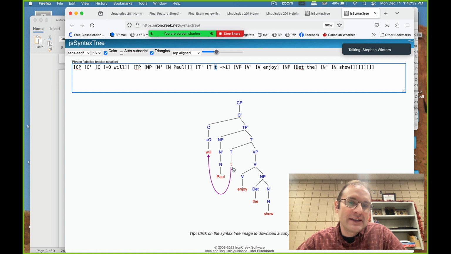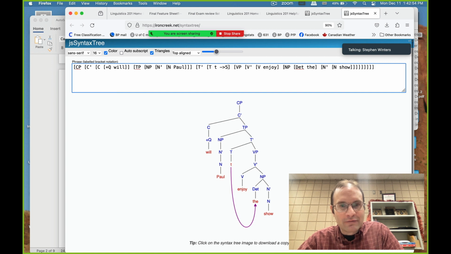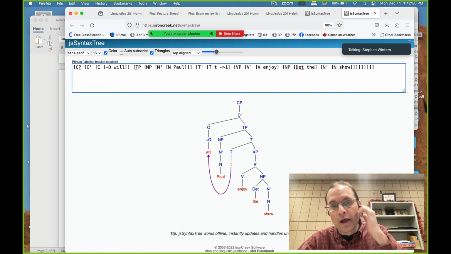First of all, a little t, a trace, gets left behind where will started out from, and then with that little arrow to 1 notation, you say it goes into the first open node in the tree. And if I change it to 2, yeah, it goes to where Paul is because that's the second node. 3, I think it would just go to itself, which would be weird. 4, it goes over there. 5, and so on and so forth. But we want it to go to 1, and that's how you draw the little arrow to that point.